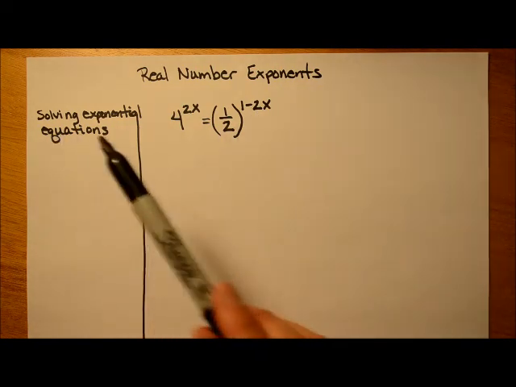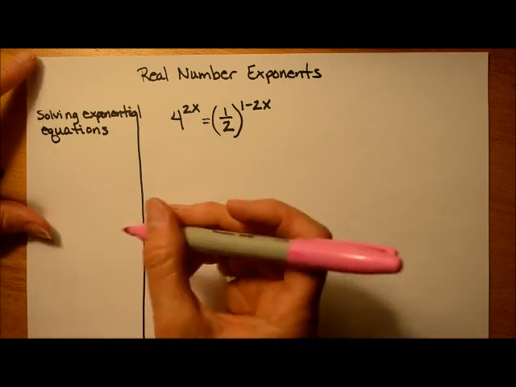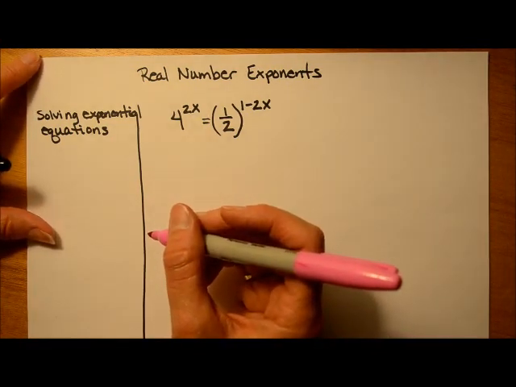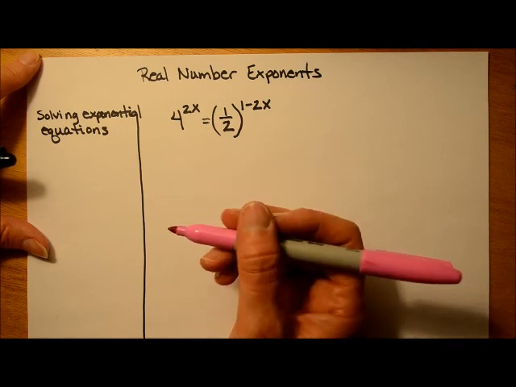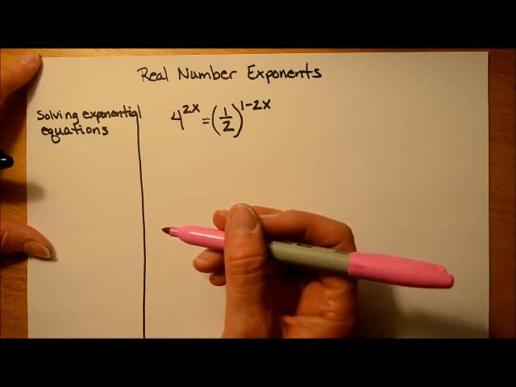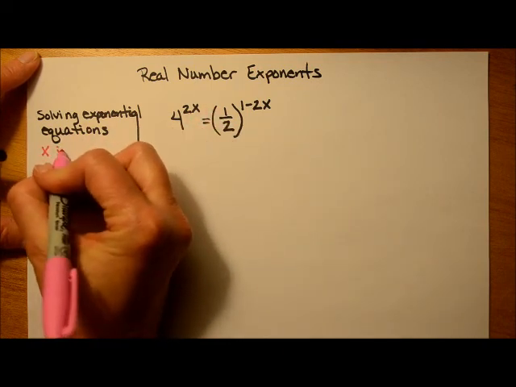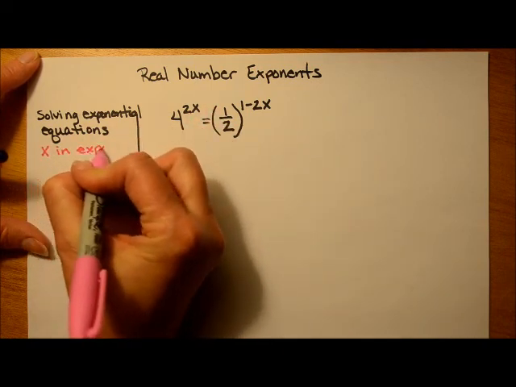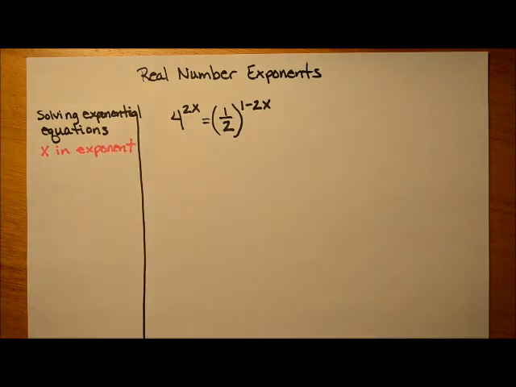So this type of problem is x is the exponent. X is in the exponent. And I want you to write that down because that's the big deal here. I'm going to show you that you have to locate x, and depending on if it's the base or the exponent or just on the other side, you're going to solve them differently. So everything gets solved differently, so you have to know where x is. So x in the exponent.